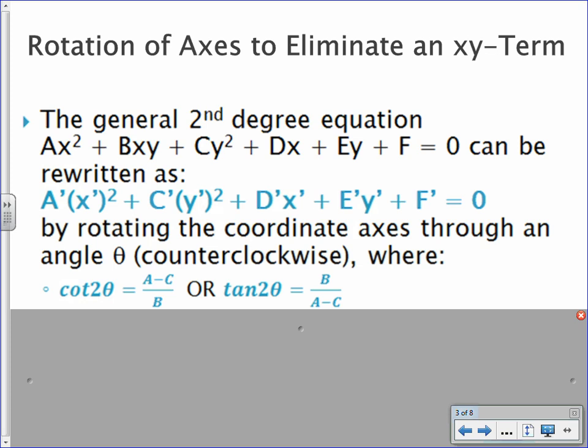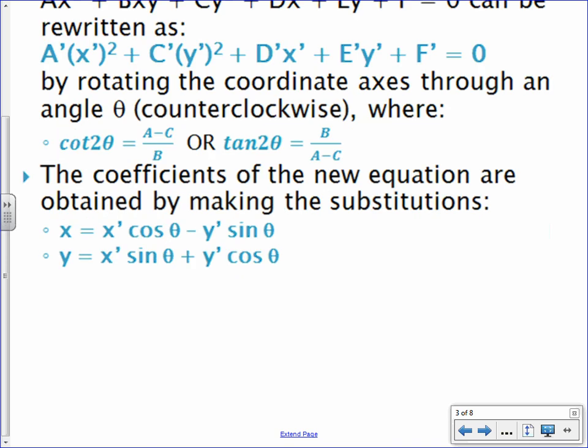How are we going to get these x primes and y primes? We're going to make some substitutions. We're going to take our general equation up here with that pesky xy term and substitute for x and y.